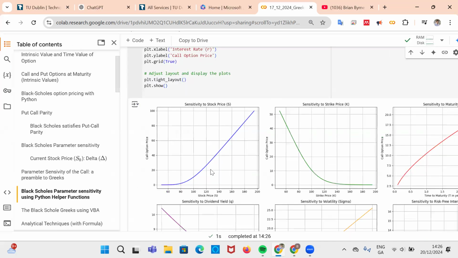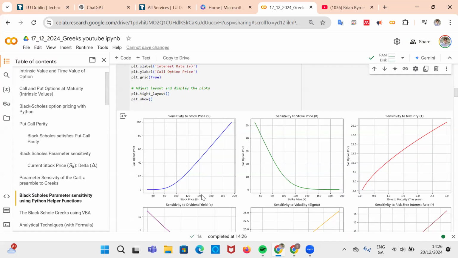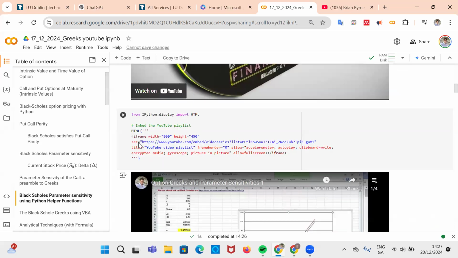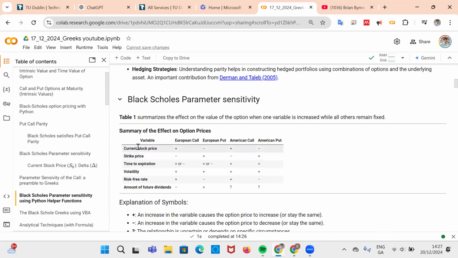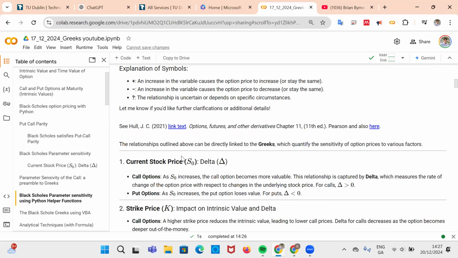And we can see here as we increase the value of the underlying, the value of the call option goes up. So that's consistent with our table that we have here. As we increase the stock price, the value of the call goes up. As we increase the strike price, the value of the call goes down.